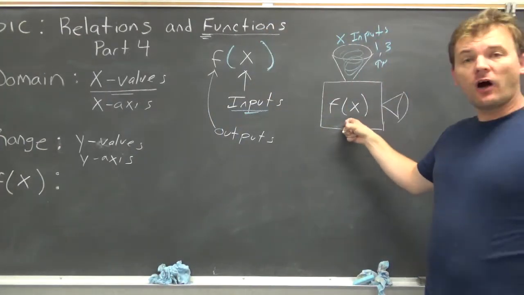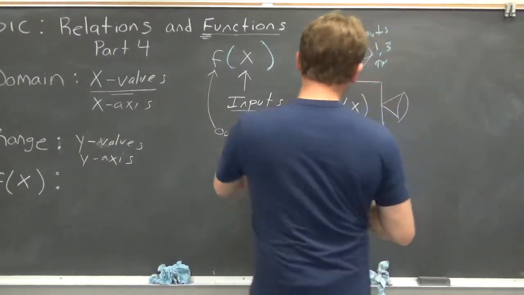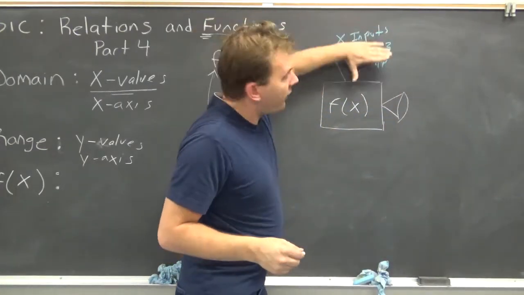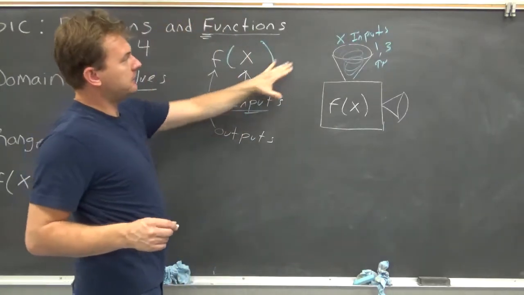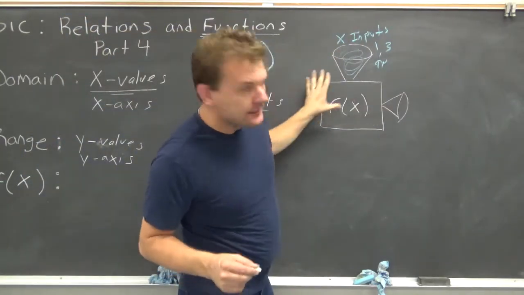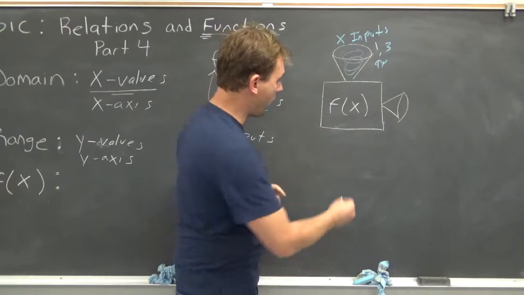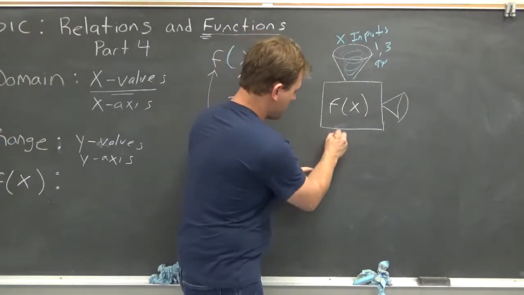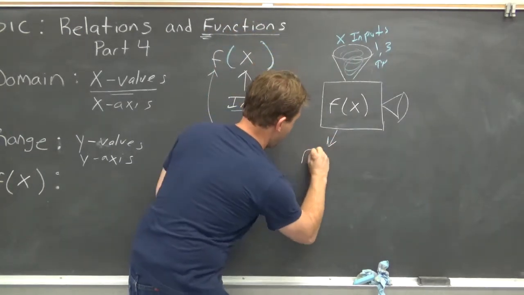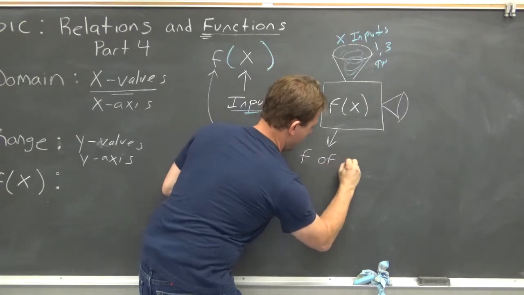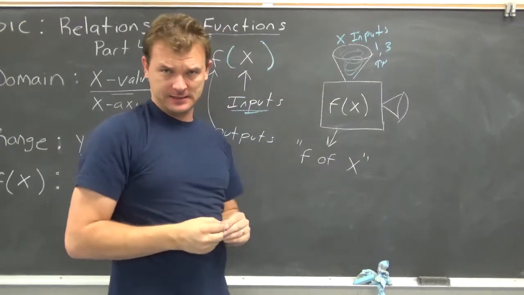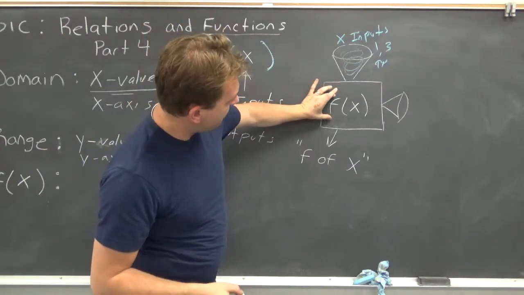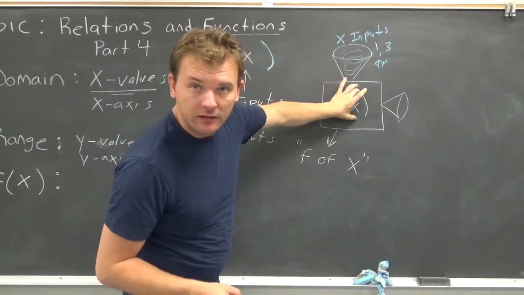So let's call this then. Our funnel, we get our inputs. Our inputs get inputted here. It gets into the system, and I want you to call this f of x. Sorry, this is called f of x. This is called f of something.